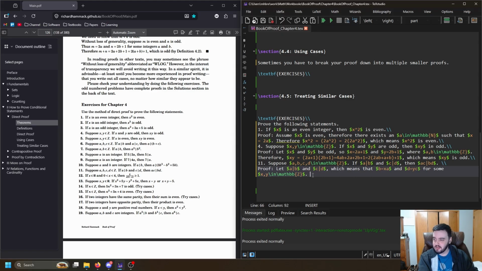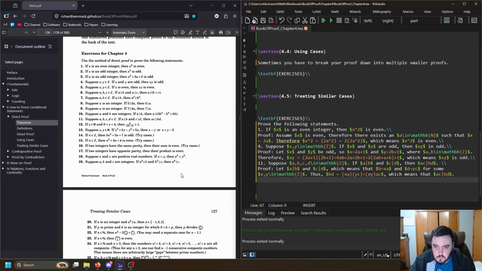And we need to get to the point where A times C divides B times D. I think we need to multiply B times D. Thus, B times D is equal to XA times YC, which is equal to XY AC, which means that AC divides BD. Done.